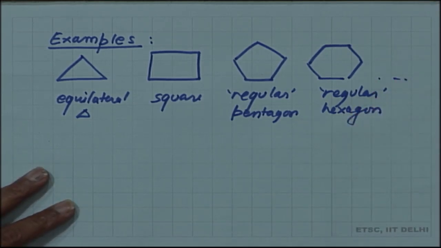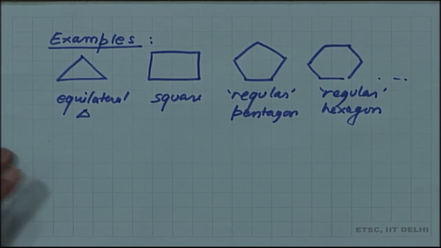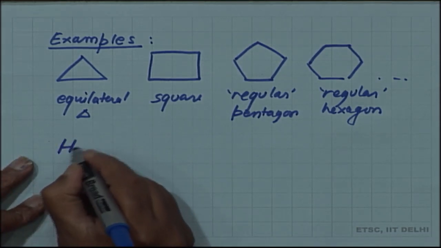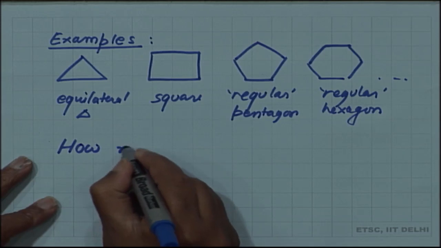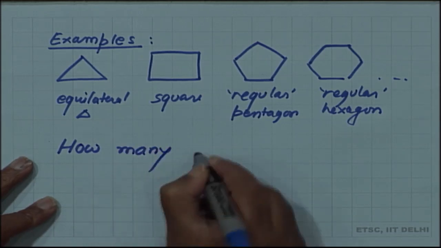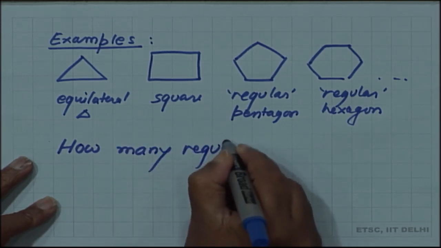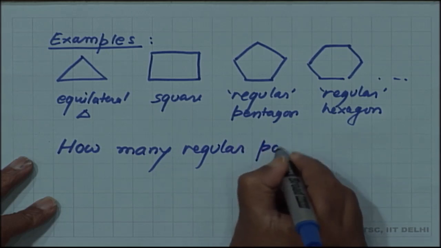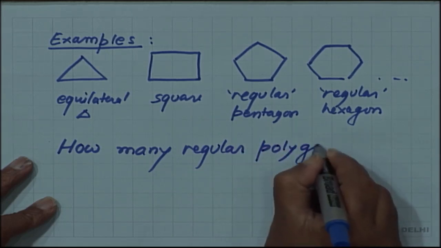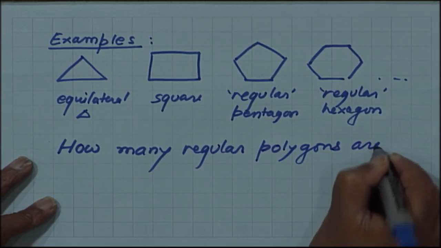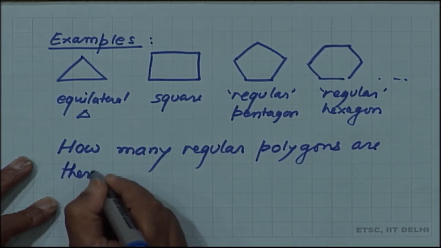So on up to what level? How many regular polygons are there?